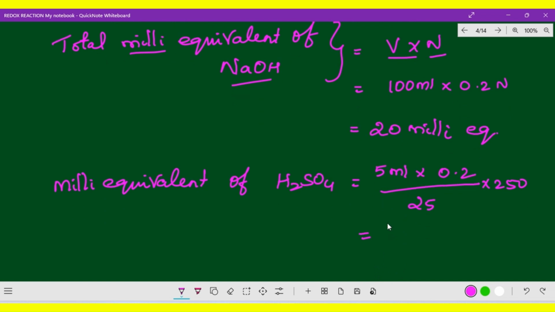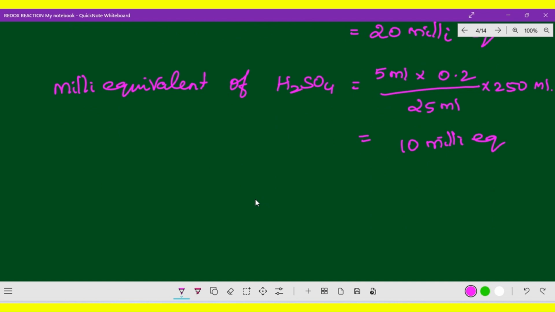Here you will be getting around 10 milli equivalent. Everything is ml only, this also ml, this also ml. Now generally if they are asking milli equivalent, it means volume into normality, that is what you have to mention. Now we have to identify the reacted amount. So total milli equivalent of sodium hydroxide minus milli equivalent of H2SO4 solution.